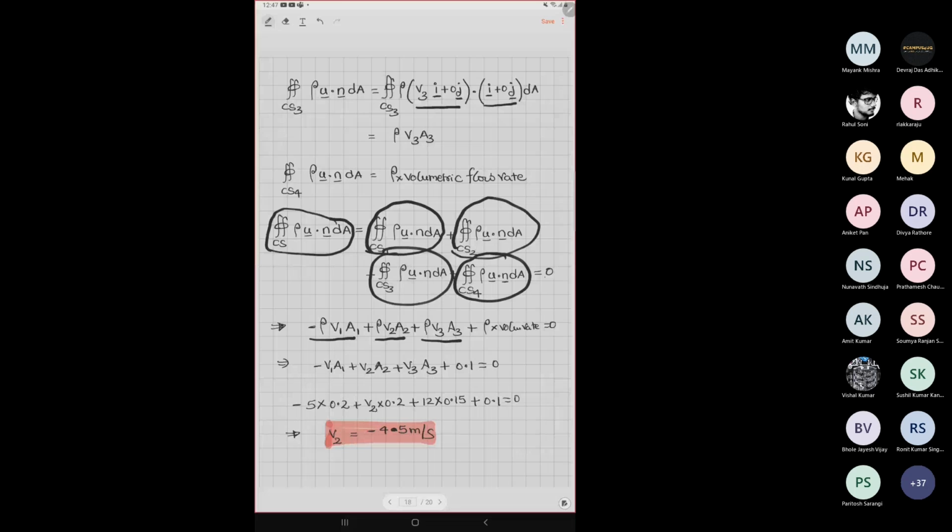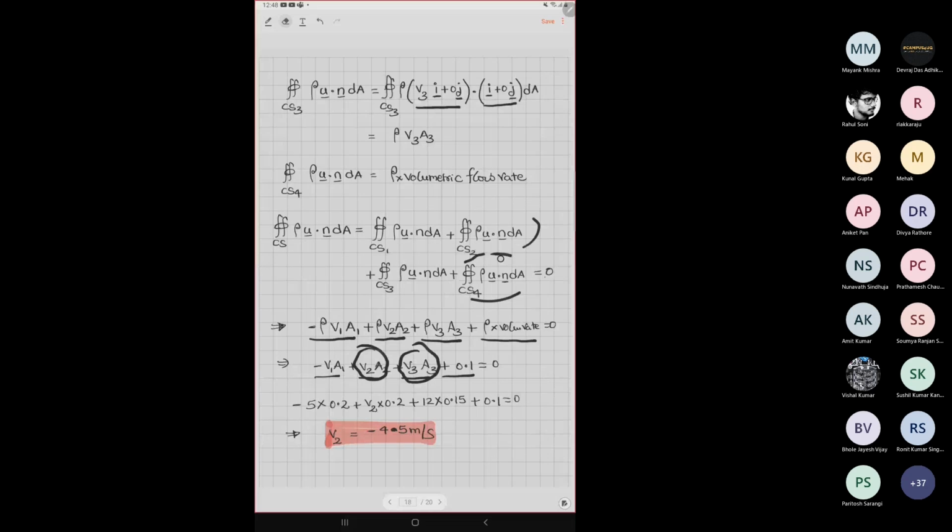So minus V1 A1 plus V2 A2 plus V3 A3 plus 0.1 is equal to 0. Naturally, the sign is also taken care of. Any fluxes going out are positive, because you can think V3 A3 is going out, V2 A2 is going out. So whether it is plus or minus, it is naturally taken care of by this vectorial notation. And whatever is coming in is negative, which is also naturally taken care of.